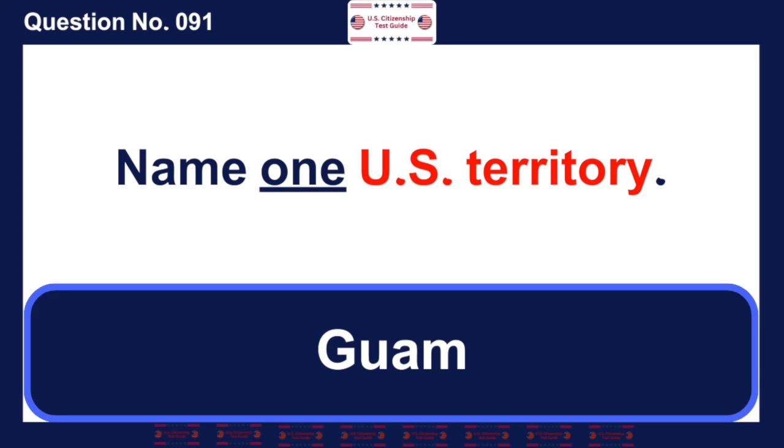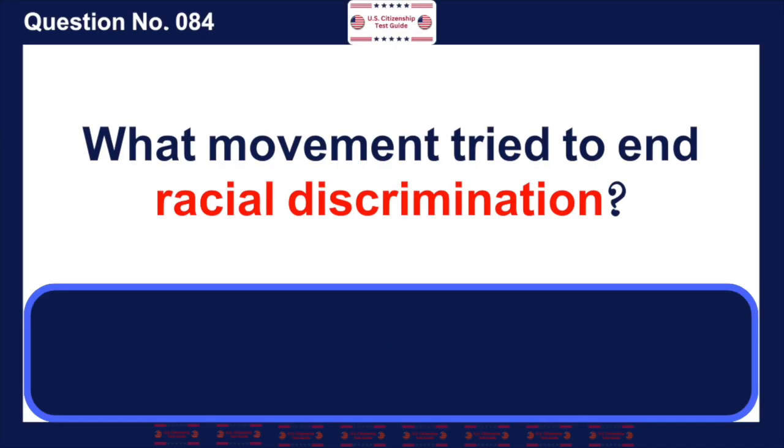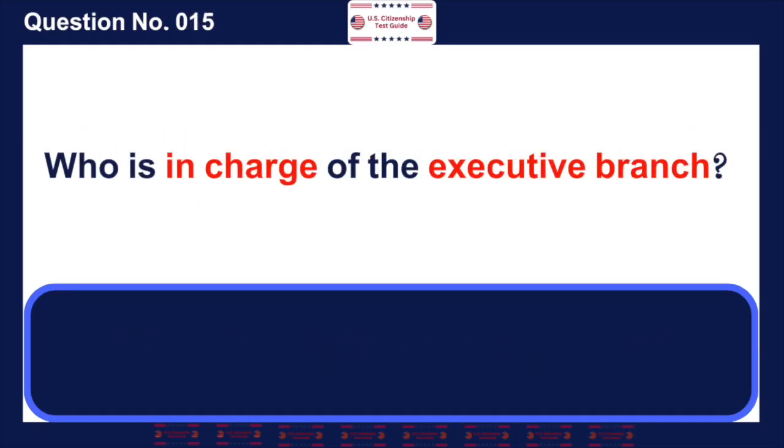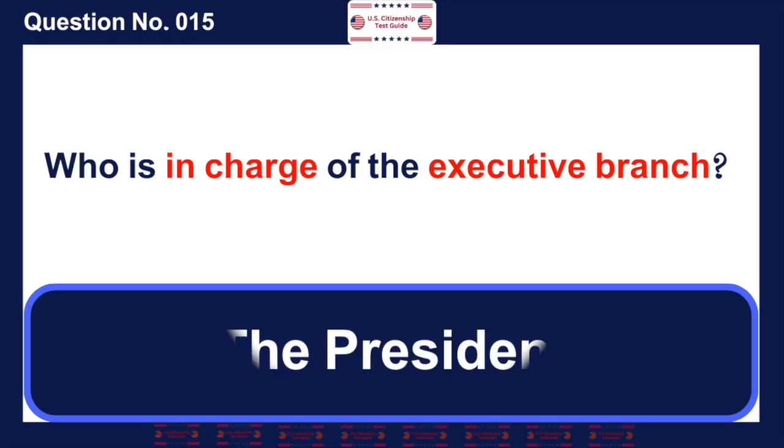Guam. What movement tried to end racial discrimination? Civil rights movement. Who is in charge of the executive branch? The President.